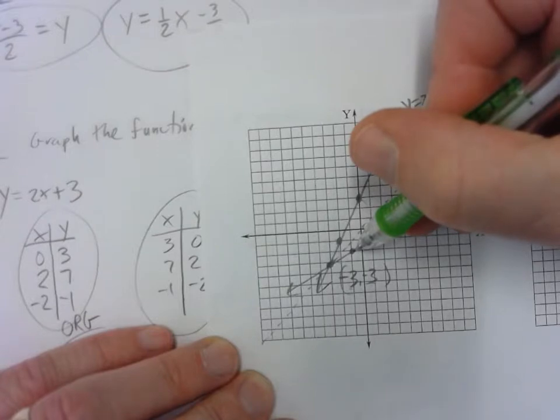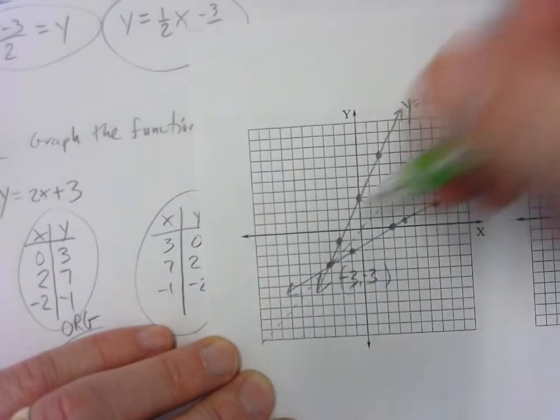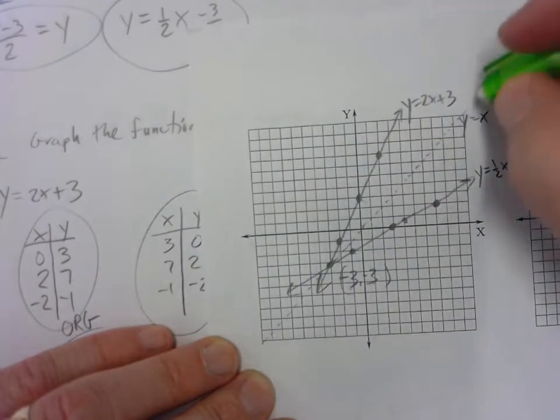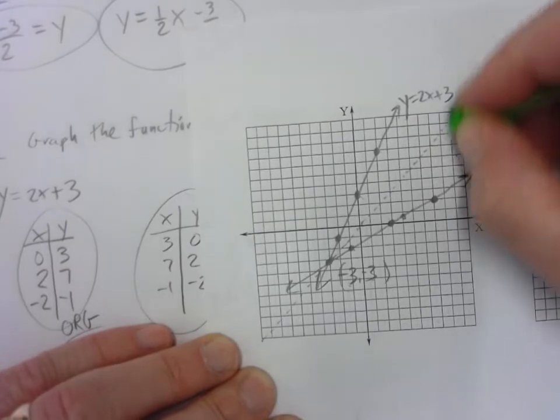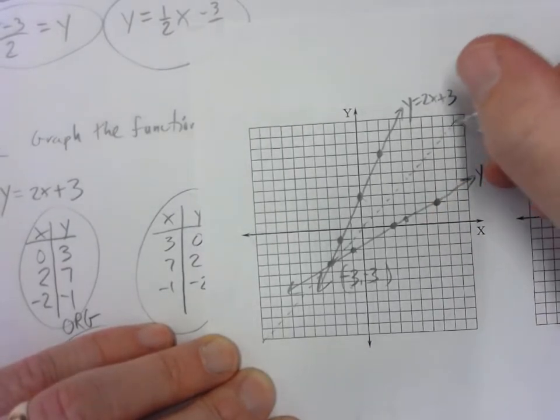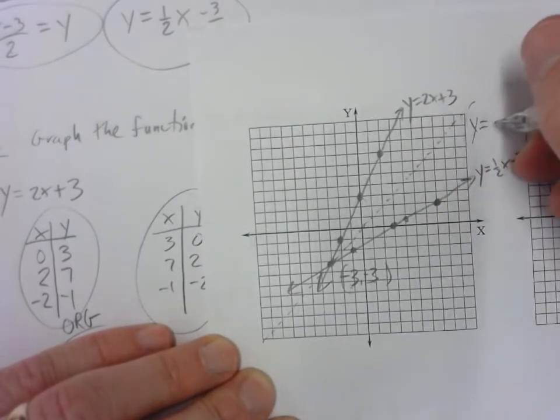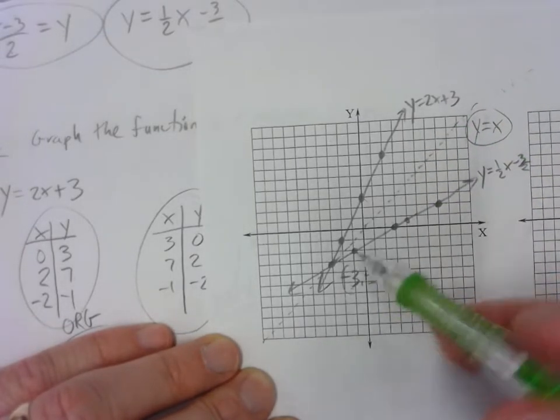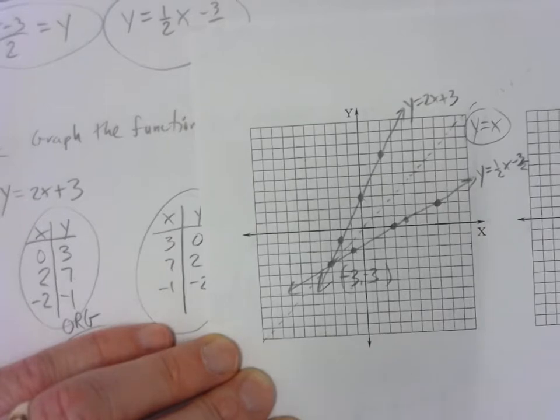This negative 1, negative 2, and negative 2, negative 1 are mirror images across that symmetry line. And then there's no flipping there because that's actually on the mirror. So let me make this a little bit clearer right there. It's y equals x. That's the line of symmetry for every inverse problem. And that's the original that we worked with, and then this is the inverse, and it flips across.